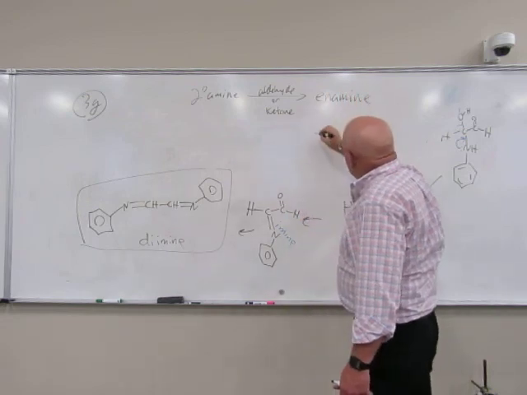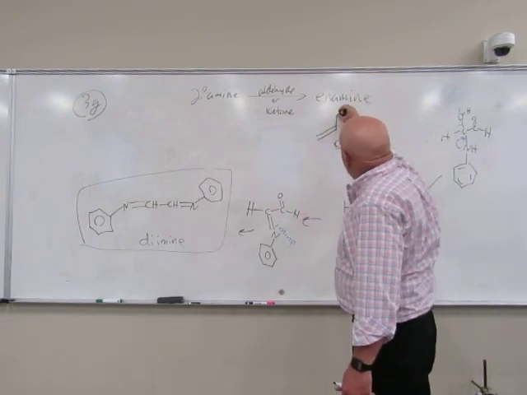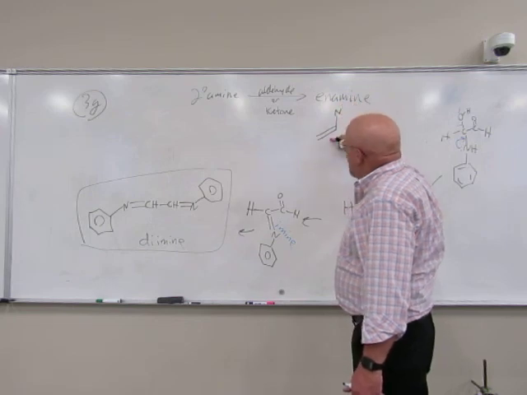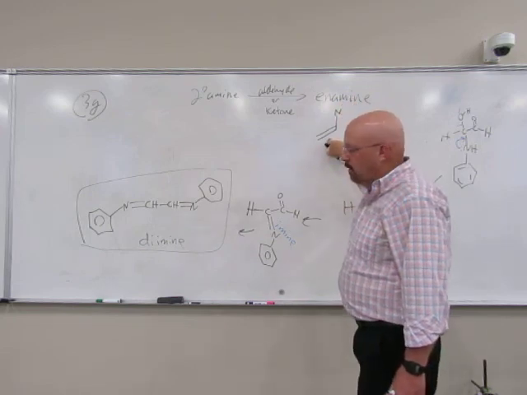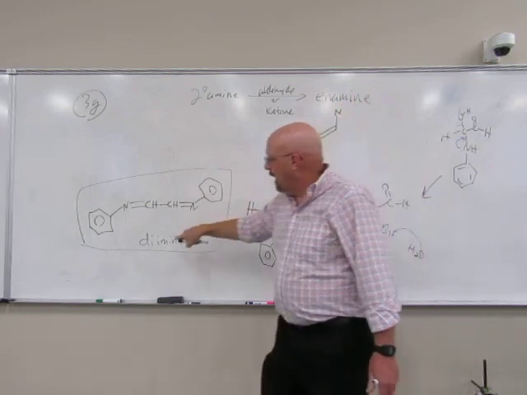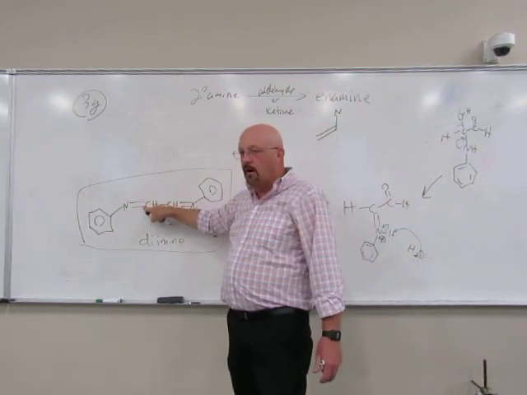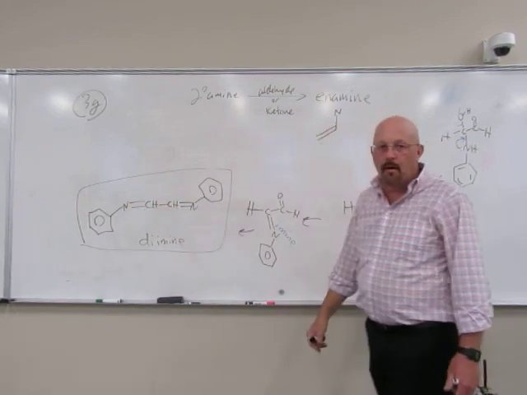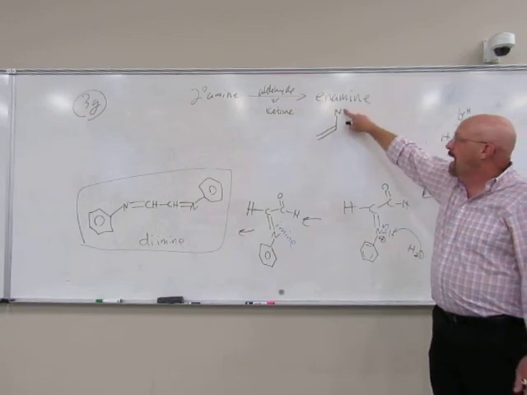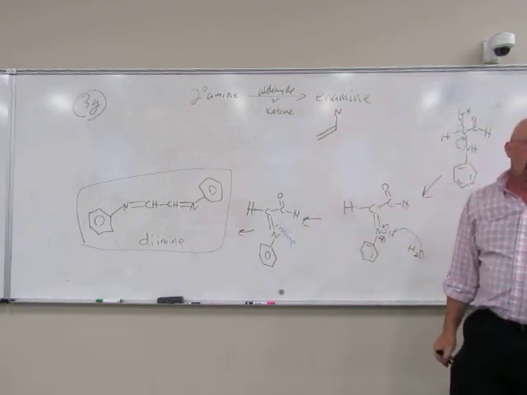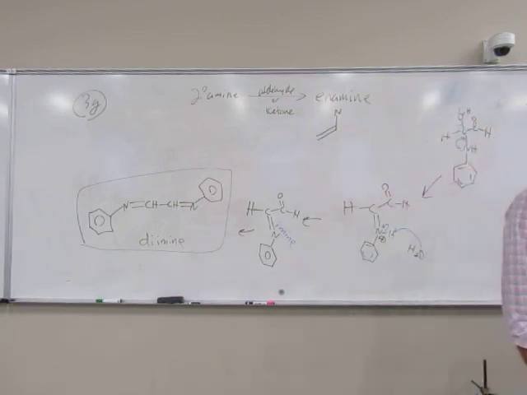And an enamine has a nitrogen on a carbon-carbon double bond. In the imine, the nitrogen is involved in the double bond. Here you have a nitrogen on a carbon-carbon double bond. That's an enamine. So you have that when you use a secondary amine.